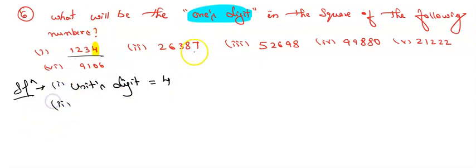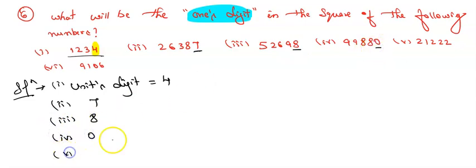Same way, option 2, what is there in the ones digit? 7. Option 3, 8. Option 4, 0. Option 5, it is 2. Option 6, it is 6. So this is the right answer. Is this clear? I hope you all have understood these concepts.